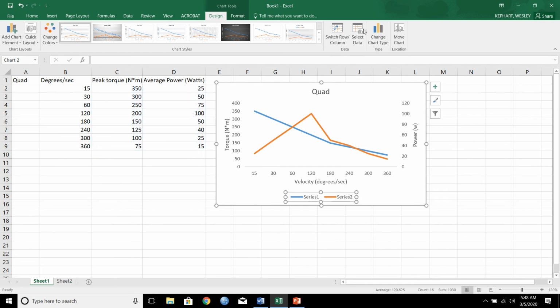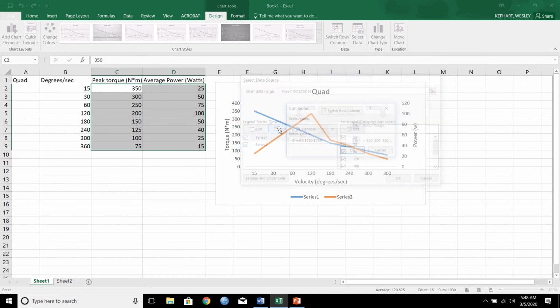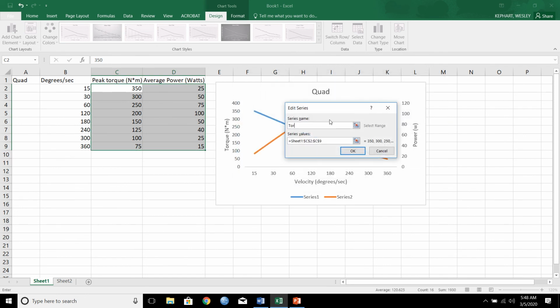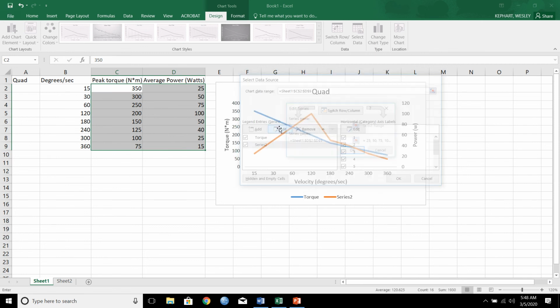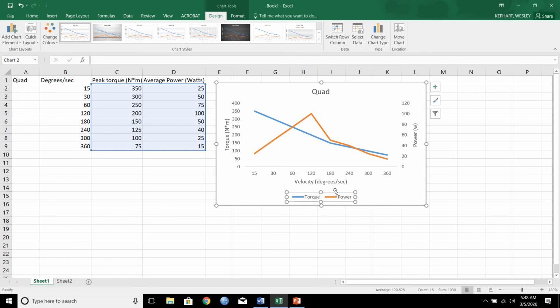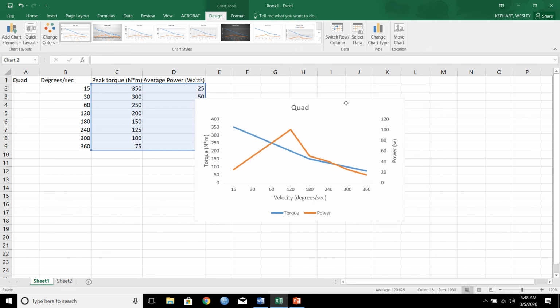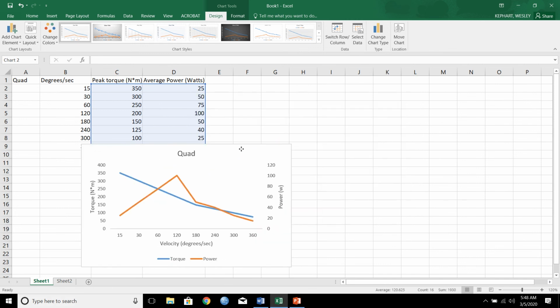Now here, you should alter those to be torque and then power. So make sure that you're altering all of that to make sense, and you'll just copy and paste that into the Word document.